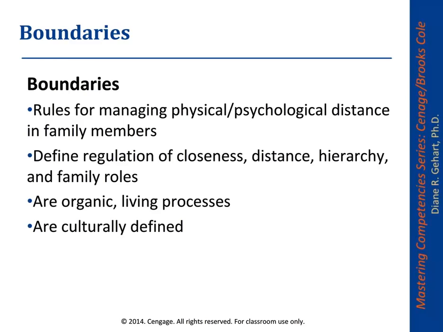What's hard in terms of assessing boundaries is that most of us use our own life as an example. So this is how my family did it, and so this is what healthy looks like. Depending on whether you come from a collectivist culture or an individualistic culture, they can look very different. And that's very important to understand when you are assessing family boundaries.